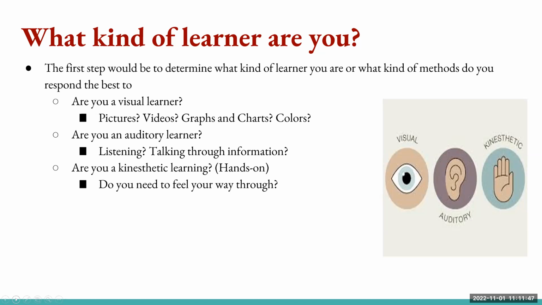If you're an auditory learner, that means that things that you hear might be beneficial to you. So auditory learners do very well if they tape their lectures or if they work in a study group and they listen to the points of the class from other perspectives.